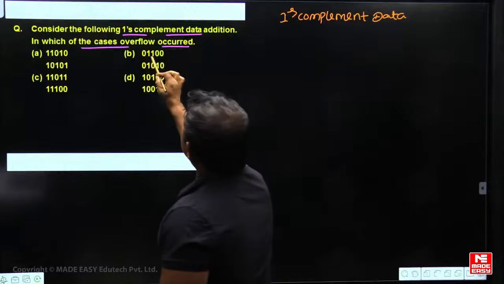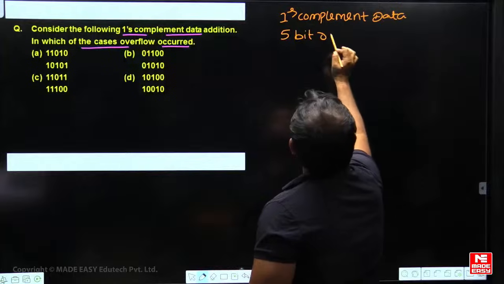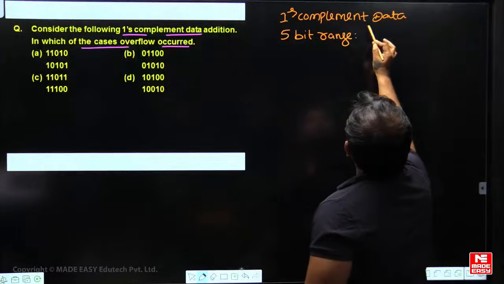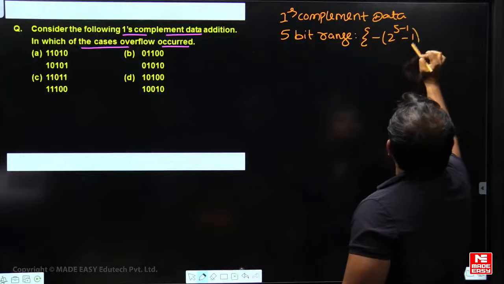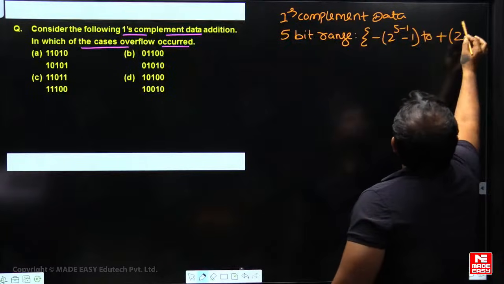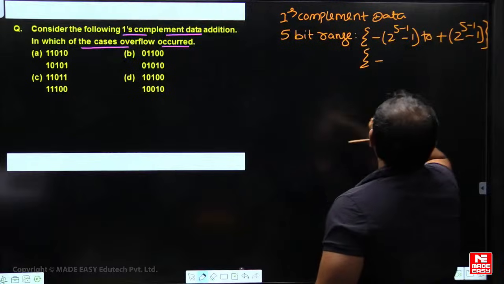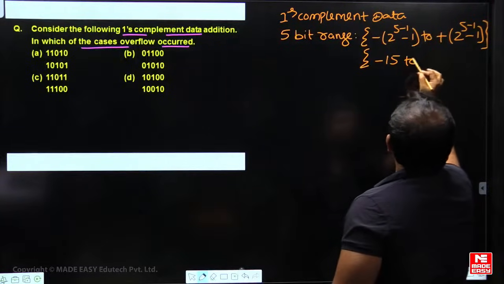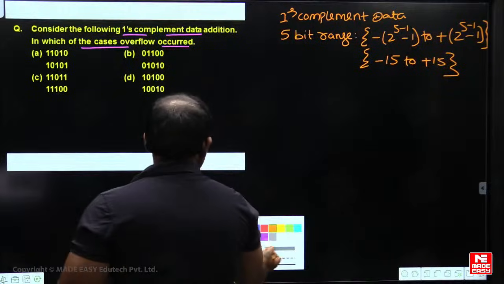How many bits of data are given? 5 bits. So the 5-bit one's complement range is minus (2 power 4 minus 1) to plus (2 power 4 minus 1), so this becomes minus 15 to plus 15 is the range.